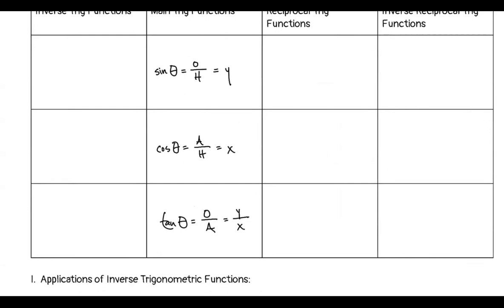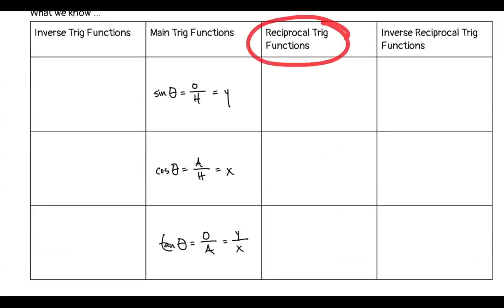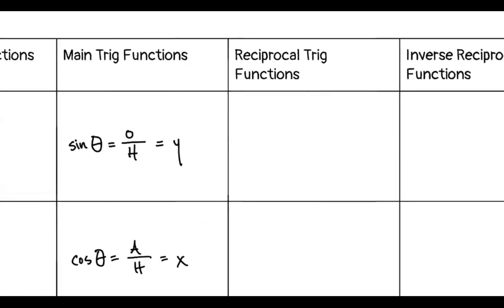And from the main trig functions, we talked about these reciprocal trig functions, right? So let's kind of build that list. If we start with sine, what do we have as the reciprocal function for sine? Great. Cosecant theta. We need that angle there again.